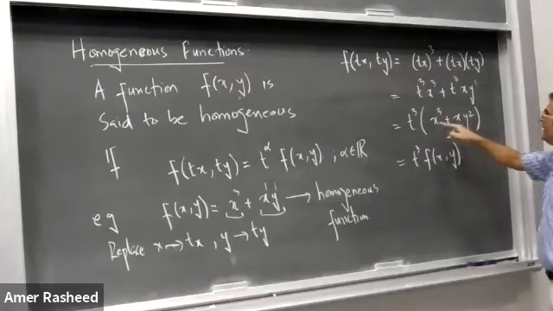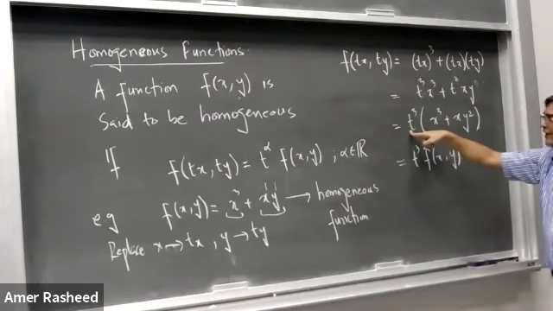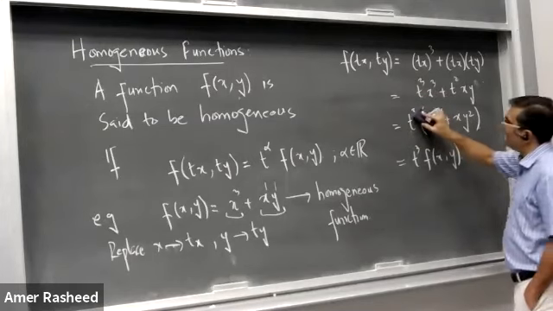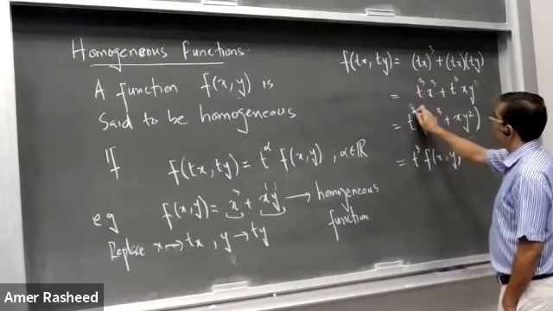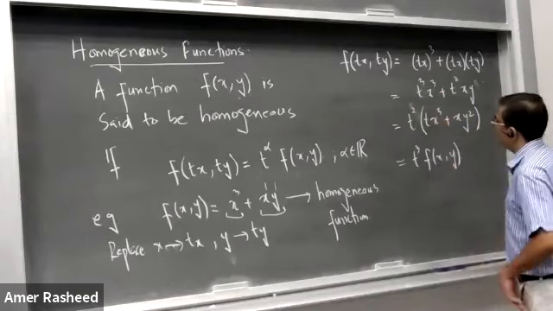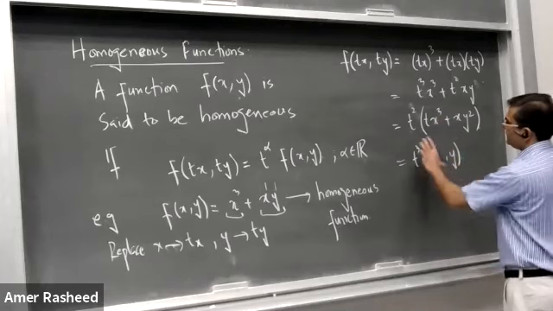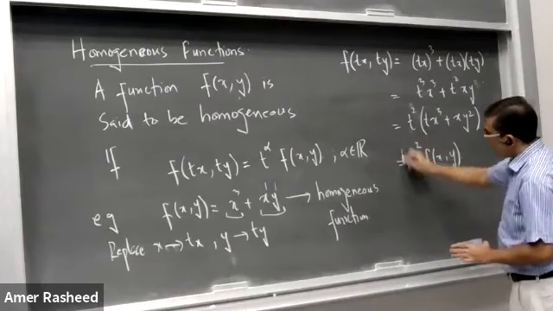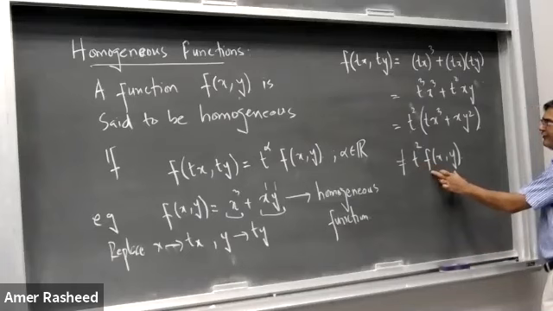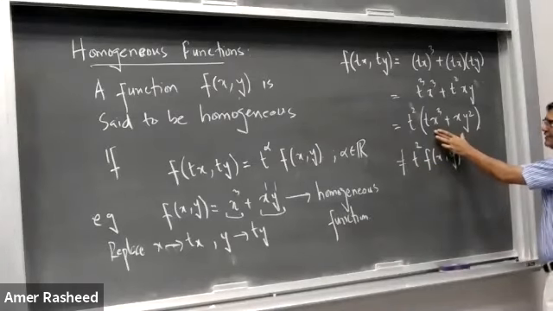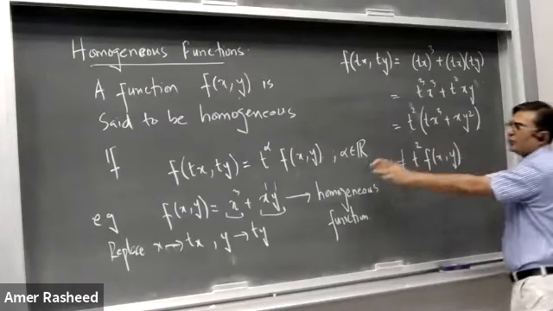You cannot take t cube common, you can take only t square common, and a t is left over here. So this is not equal to t square f of xy, because this function is different from the original function.